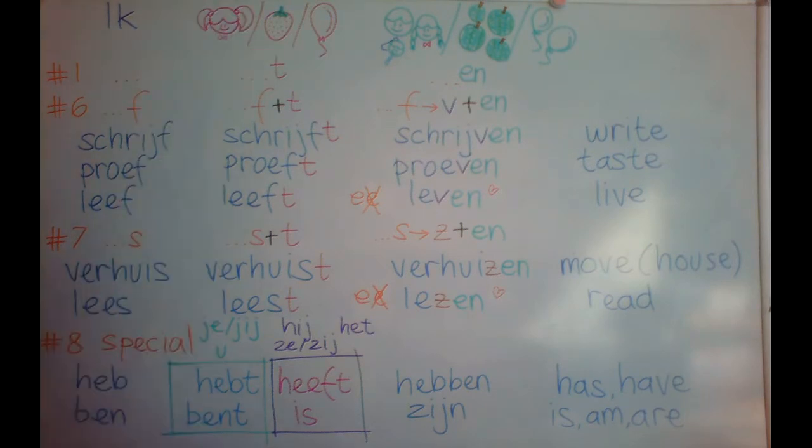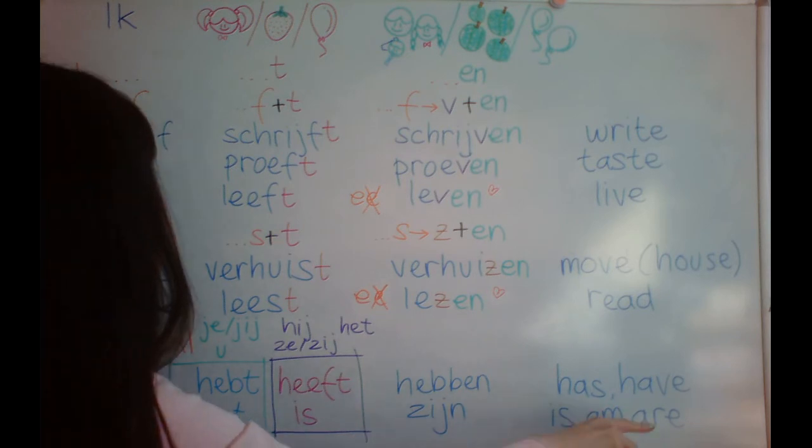So the subject that consists of one is divided into another two classifications. Heb, hebt, heeft, hebben, has, have. Ben, bent, is, zijn, is, am, are.